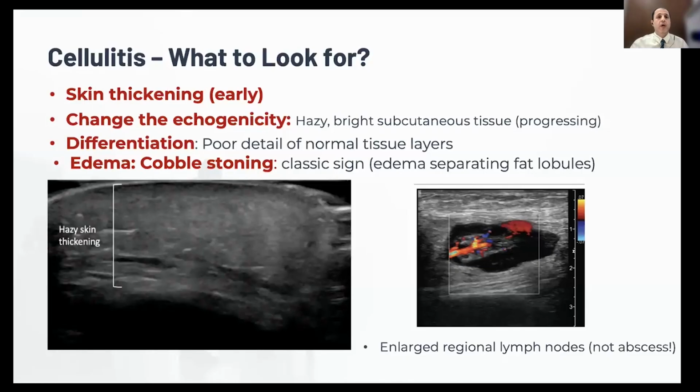What I usually do in a soft tissue infection case is perform the point of care ultrasound on the normal side first, and then go to the abnormal side to compare skin thickening. At the next stage, we have changes in echogenicity. The subcutaneous layer is hazy and bright as the infection progresses.